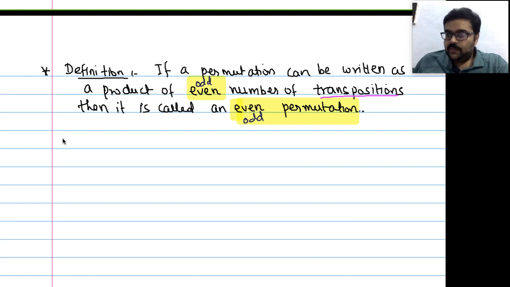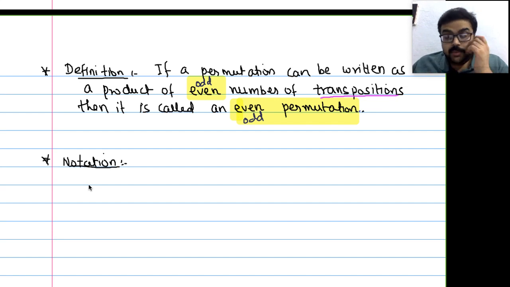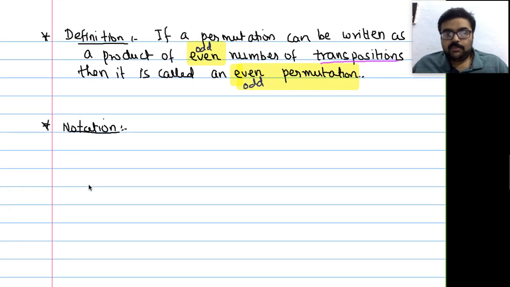So notation, Pn. We now prove that an even permutation will remain an even permutation in any representation. कैसे भी लिखो उसको, even number of transpositions ही आएंगे. The number may not be the same, but it will always be an even number of transpositions.